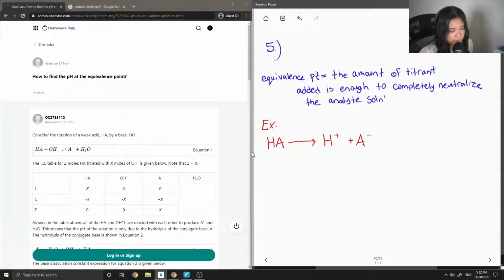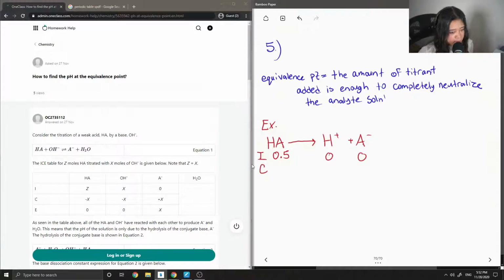If the concentration of HA was, let's say, 0.5, this is the initial concentration of our reactant. And initially, we have a concentration of 0 for both of our products.